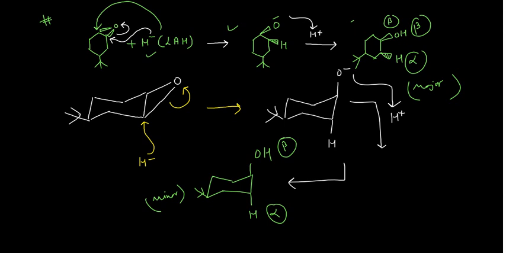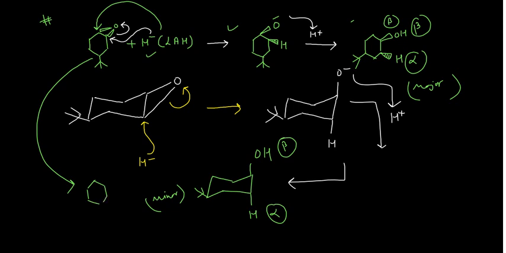When it attacks from the top side, then the product would be different. Not the stereochemistry, but the positions of the groups would be different in that case. When it is attacking here, the product would be just like that. I am drawing the product for you, and you can do the reaction on your own.